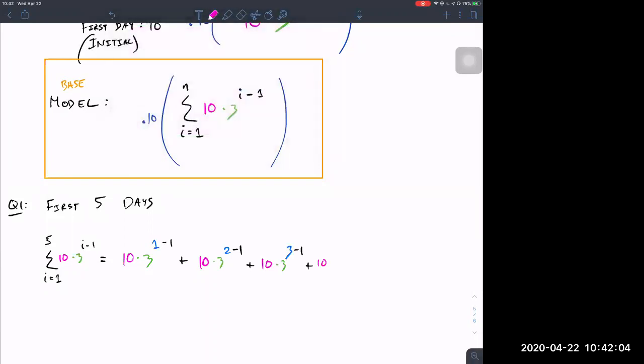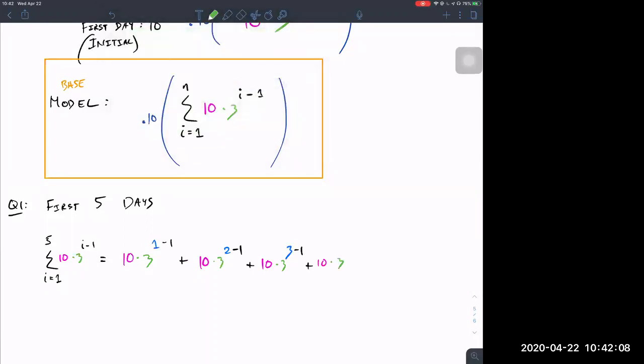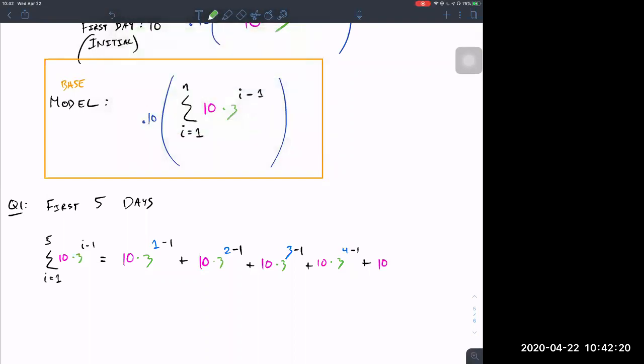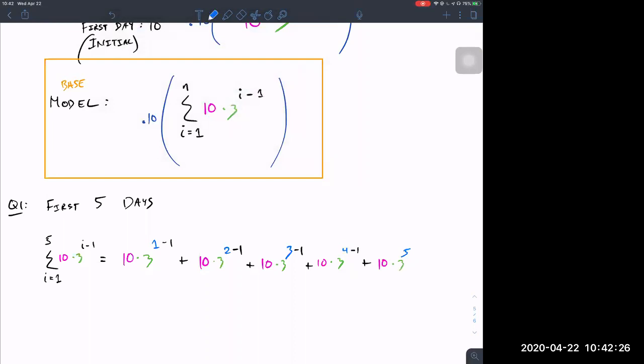So obviously I can't ask you, whether it's homework or even an exam, to do this for so many numbers because it gets super tedious if you're doing this by hand. If you have a graphing calculator, there are ways to do this a lot faster. 10 times 3 to the 5 minus 1.